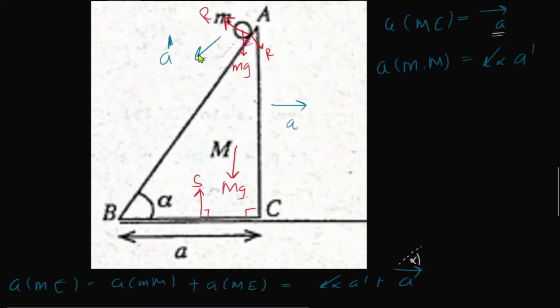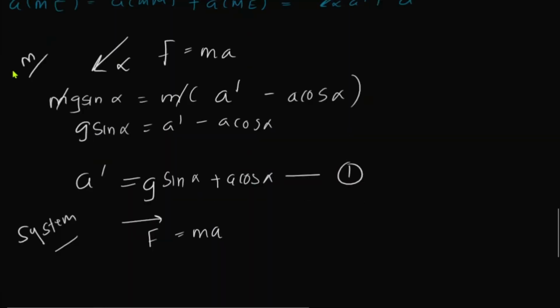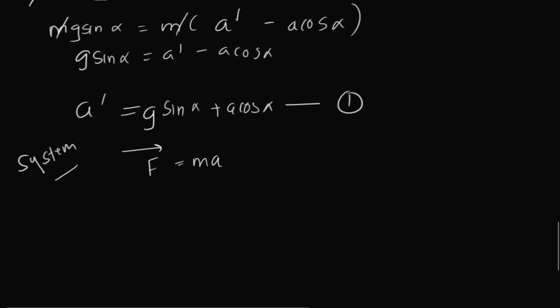So if we consider what is the force acting in the horizontal direction in the system, when we consider the system, guys, you need to consider all of these, right? So is there any horizontal force? R to R cancels, internal forces, mg downwards, S upwards. No horizontal force, therefore it's going to be 0, isn't it? It's going to be 0.